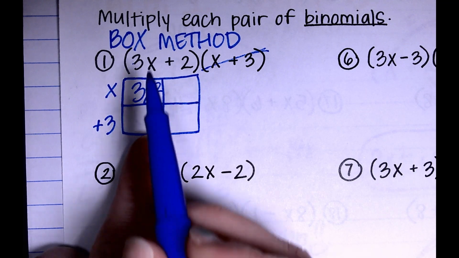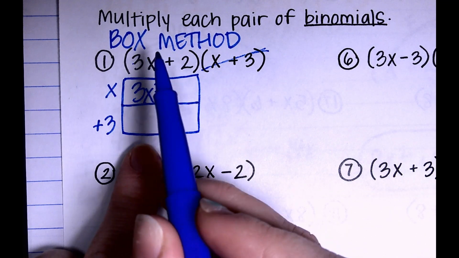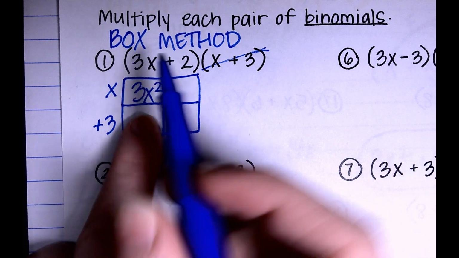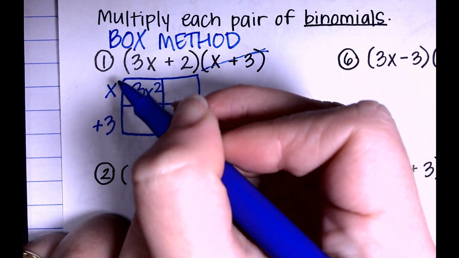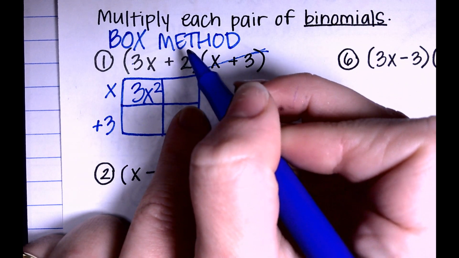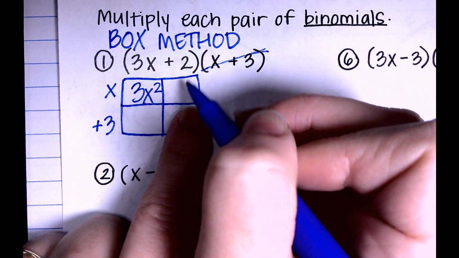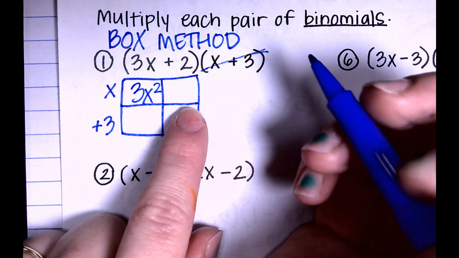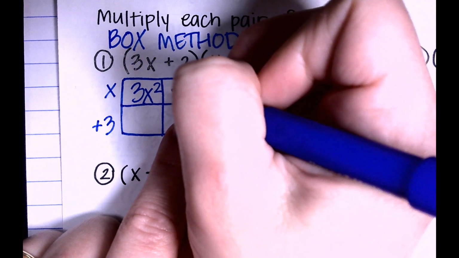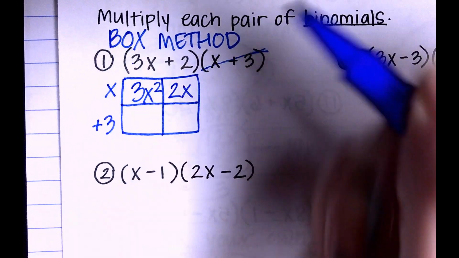Okay, we got that. In the second box, I'm multiplying x and 2. What is 2 times x, or x times 2? 2x. Good. So now I have 2x.